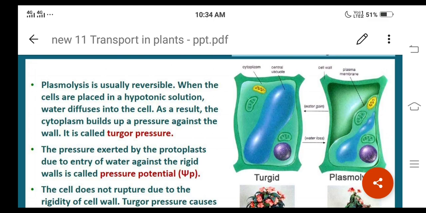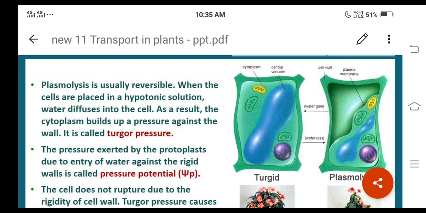This point explains the same concept of deplasmolysis. Plasmolysis is usually reversible. When the cells are placed in a hypotonic solution, water diffuses into the cell. As a result, the cytoplasm builds up a pressure against the wall.